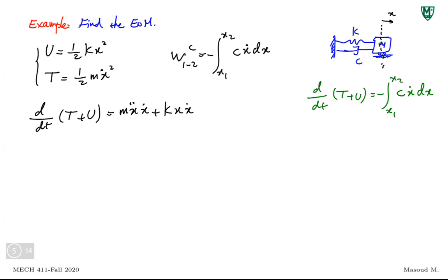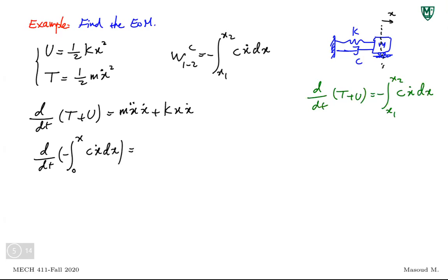Now let's take a look at the work done with the damper. I have to find this derivative, d/dt of minus the integral, x1 is 0, x2 some x, of c x dot dx.